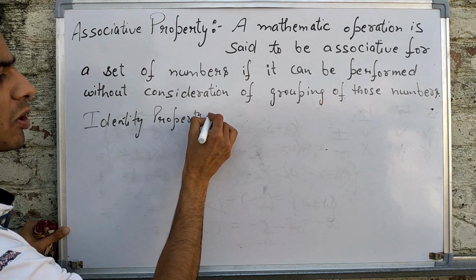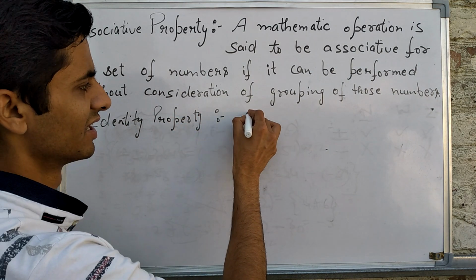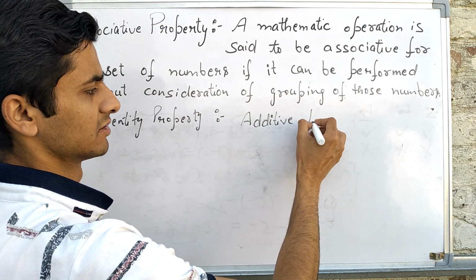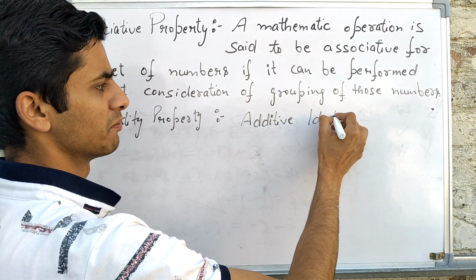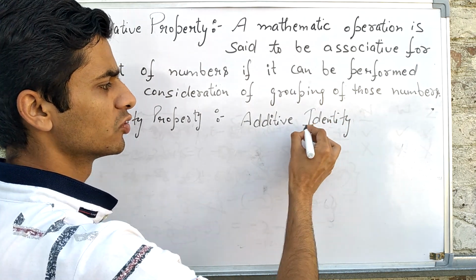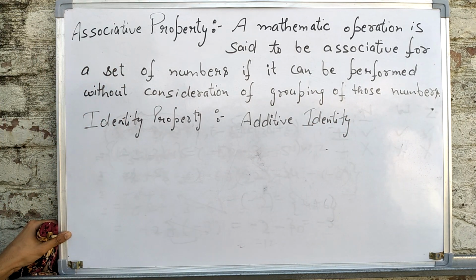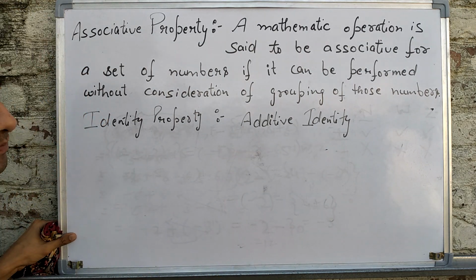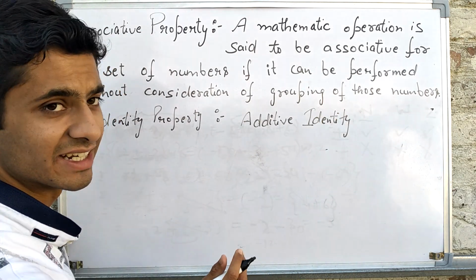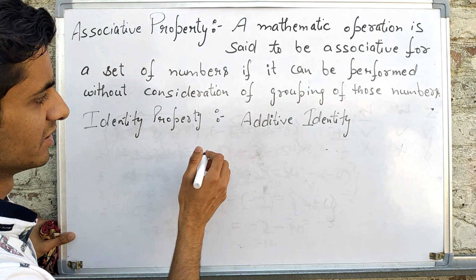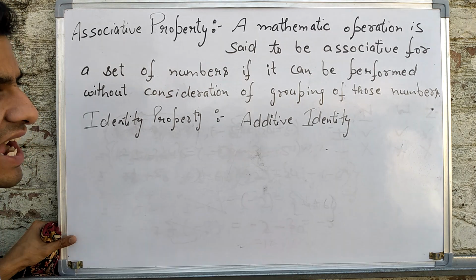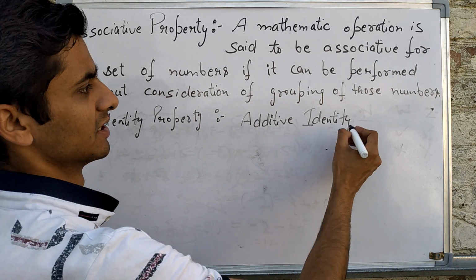In identity property, we will read something called additive identity. Although there is one multiplicative identity also, we will do that when we do multiplication. So what is additive identity? Additive identity is that number which, when added to one number, does not change the identity of that number.